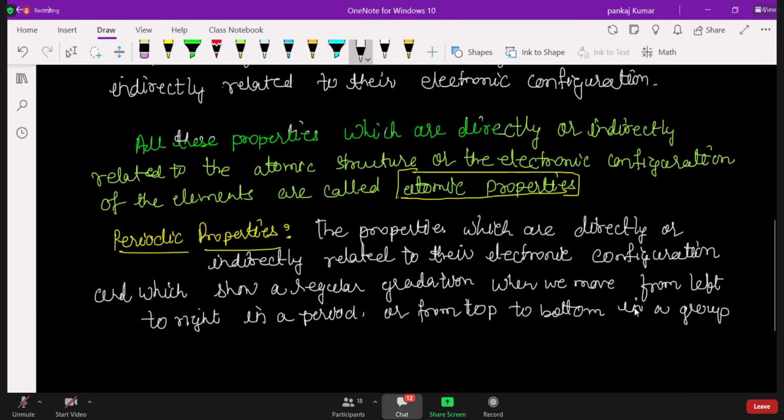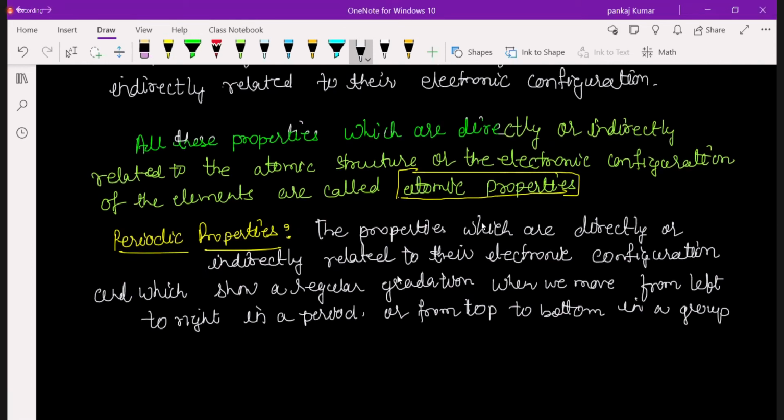So these properties are related to the electronic configuration, and they show regular gradation.